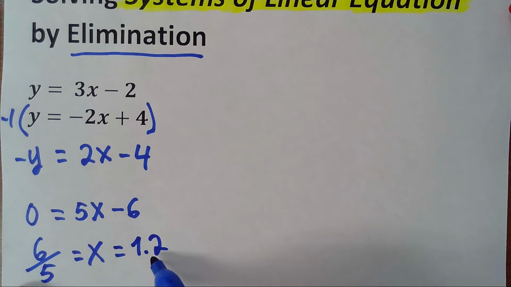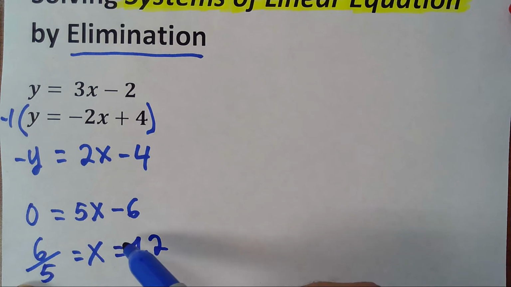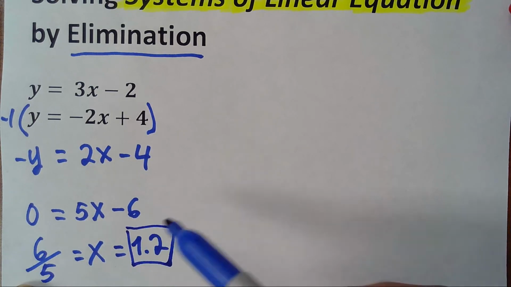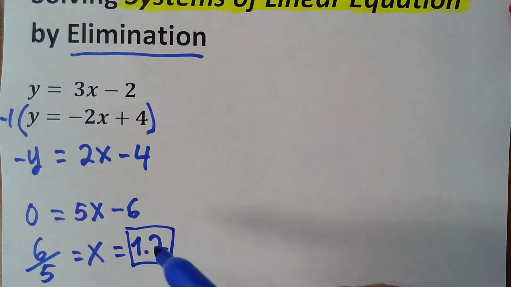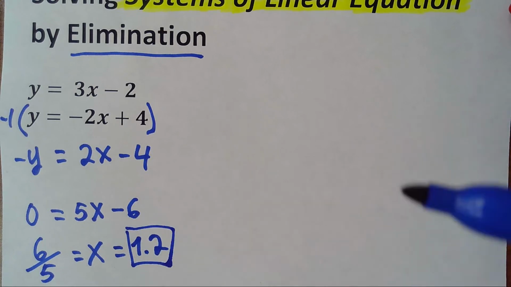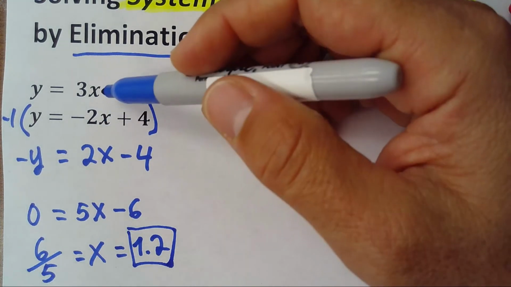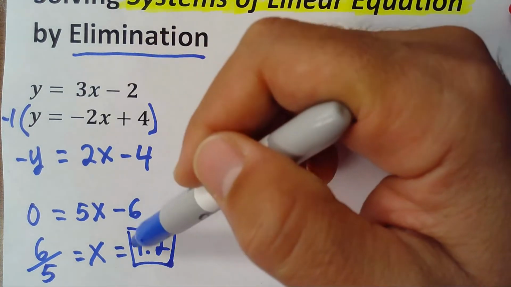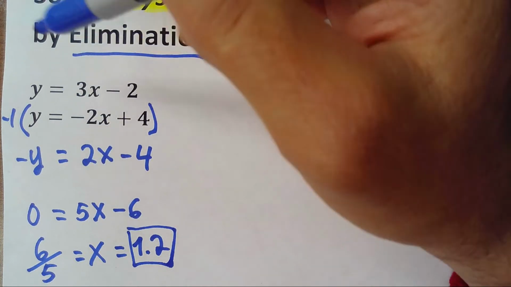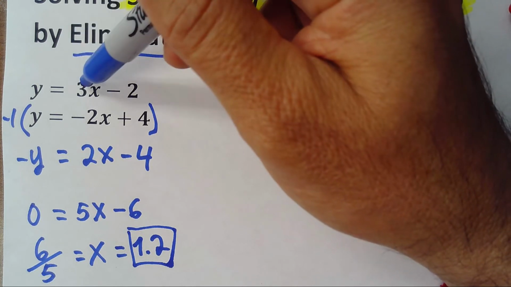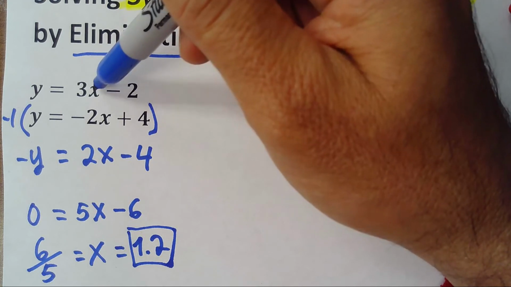Now when we have this number, we substitute in any of the equations to get the value of y, because we already have the value of x, which is this one. Now we're gonna find the value of y. We substitute 1.2 here on the x, 3 times x, where x is 1.2.